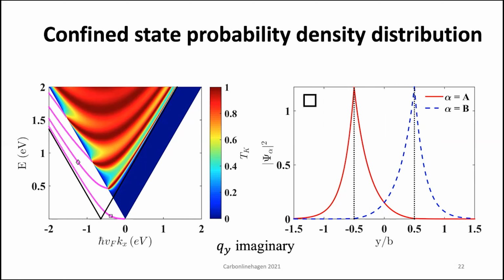And what I find is that the wave function has a two-peak structure. One peak is located at one border of the barrier, at one edge of the barrier, and the other peak is located at the other border of the barrier. And one peak corresponds to electrons that live in sublattice A, while the other peak corresponds to electrons that live in sublattice B. Because in this area, the barrier changes so abruptly, the magnetic field here is effectively infinity.